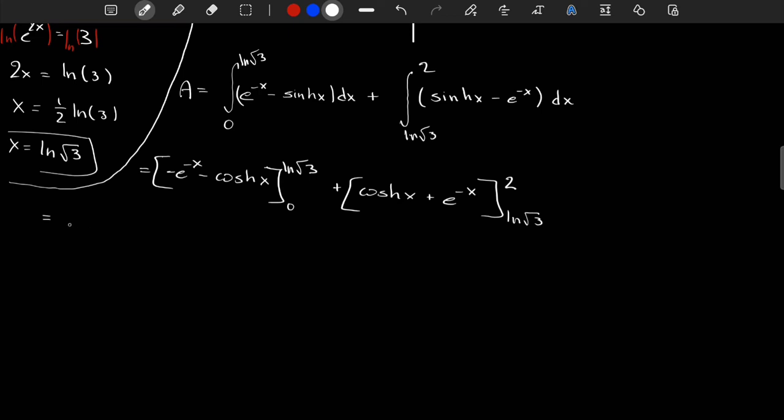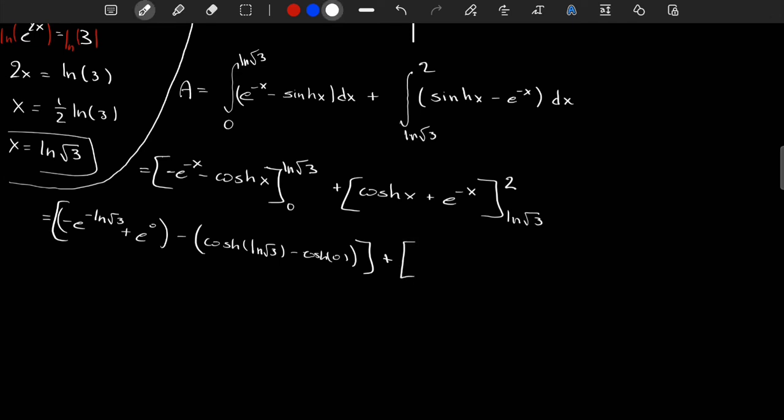let's evaluate. We have negative e to the negative ln square root of 3 plus e to the negative 0 minus cos of ln square root of 3 minus cos of 0. That's 1. And that'll be plus, whoops, sorry for the horrible handwriting.